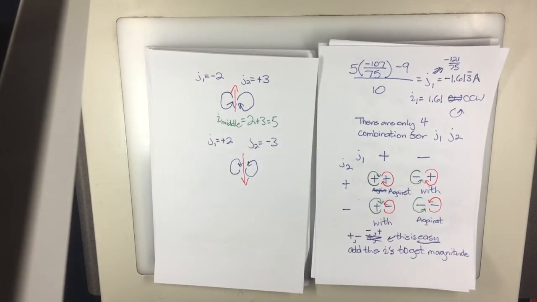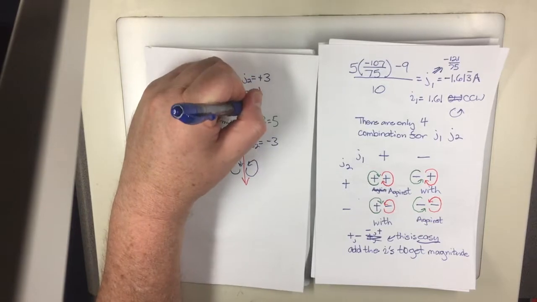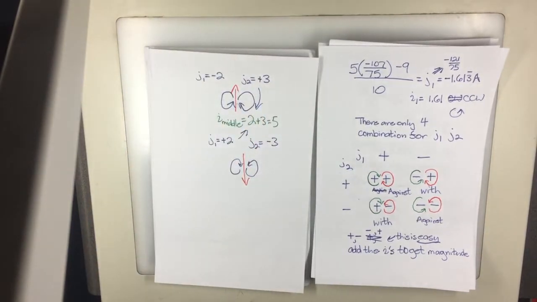It has the same magnitude, 2 + 3. So if you see something where it has opposite signs, that's easy. Just add the magnitudes together, and then all you have to do is figure out if it's going from bottom to top or top to bottom.